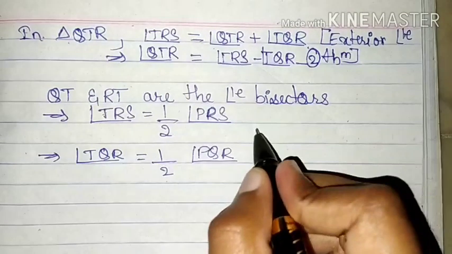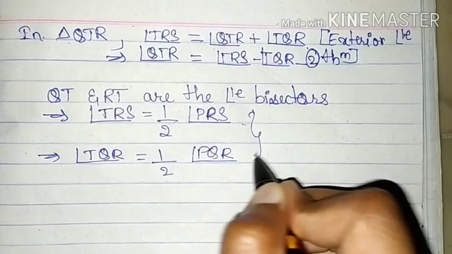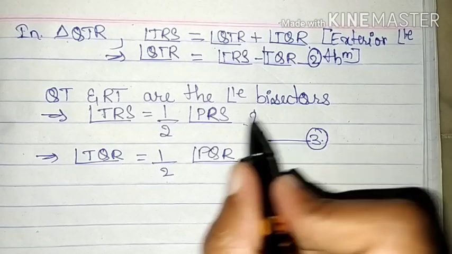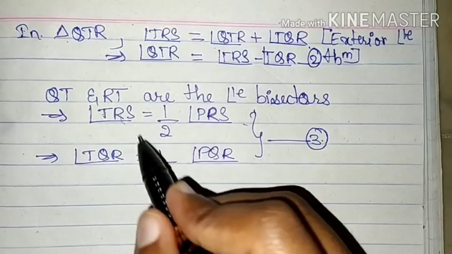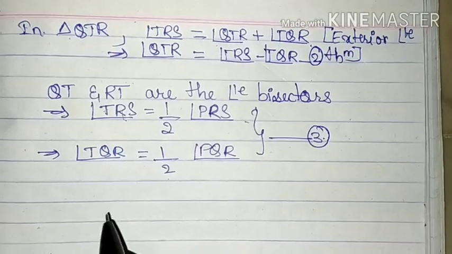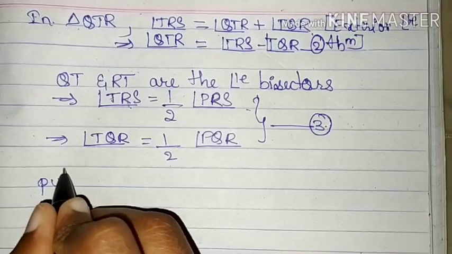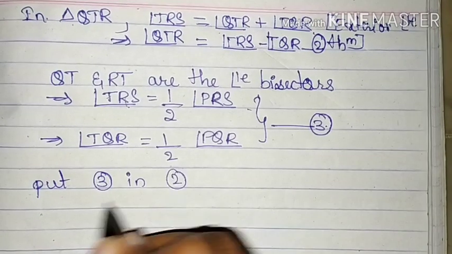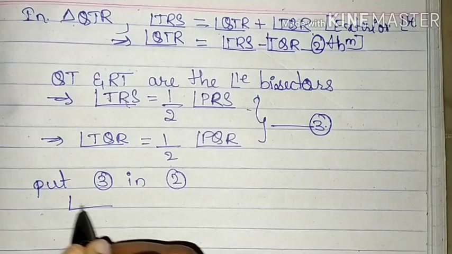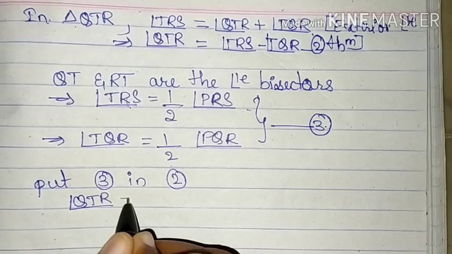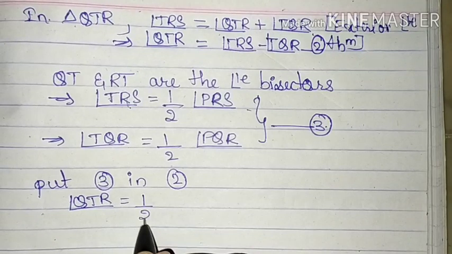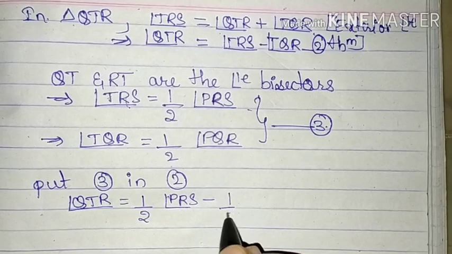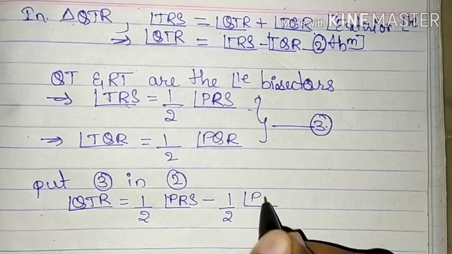So name this as result 3. So substitute these values of angle TRS and TQR in result 2. Put result 3 in 2. We get angle QTR is equal to half of angle PRS minus half of angle PQR.